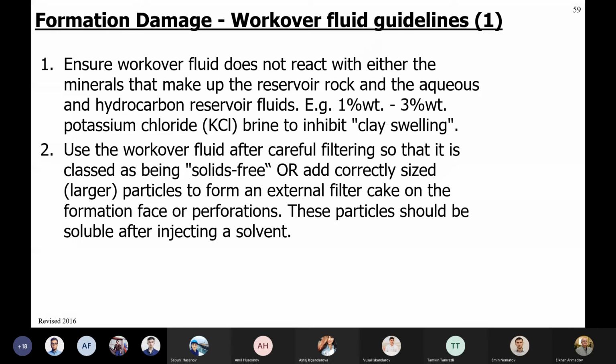So, for example, the potassium chloride brine may inhibit clay swelling, so may prevent clay swelling. Use the workover fluid after careful filtering, so to be solids free or with correctly sized particles to form an external filter cake rather than having the filter cake inside the pore space or pore throats.